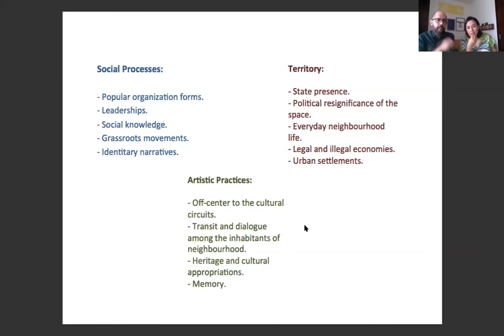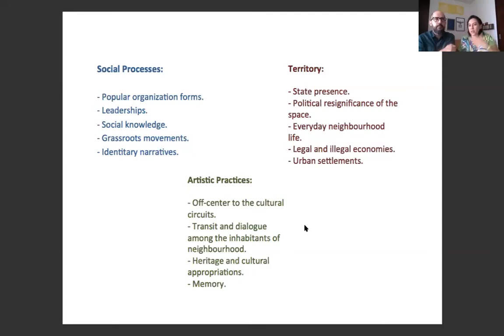And in the area of artistic practices, we must think about them not only through the ideas of artistic practices that we have as professionals, but also how people think about this. We always notice that there are strong struggles around heritage, the cultural appropriation of this heritage.